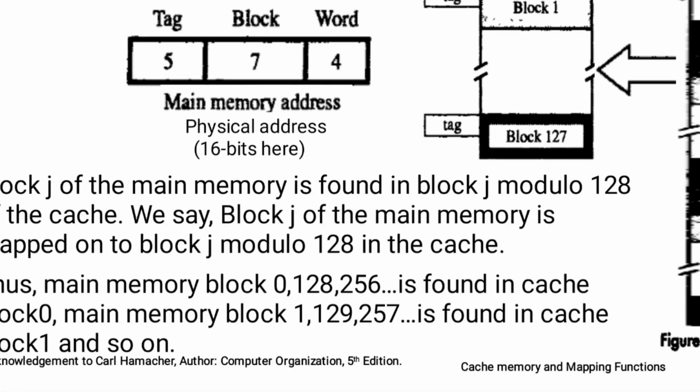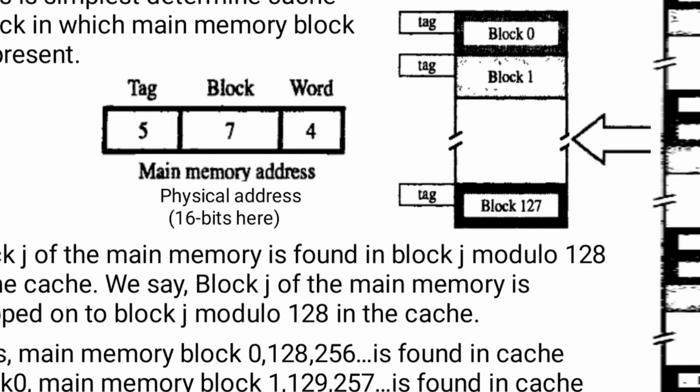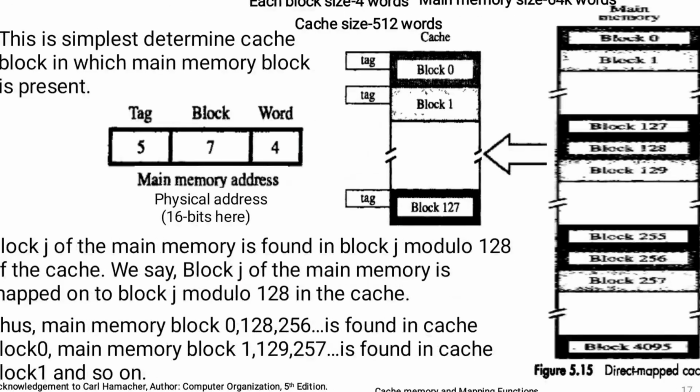Likewise blocks 1, 129, 257 onwards: modulo 128 comes out to be 1, hence these are mapped to block 1 in the cache. So that is the correspondence: for a main memory block, in which block of cache it has to be placed.